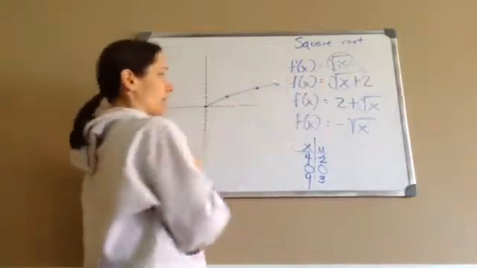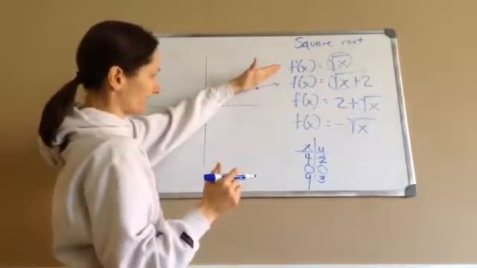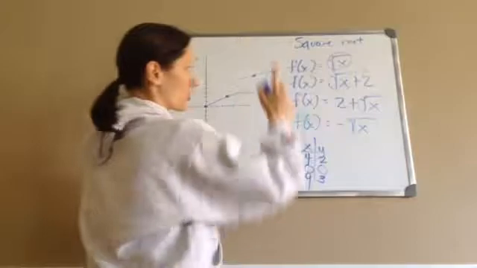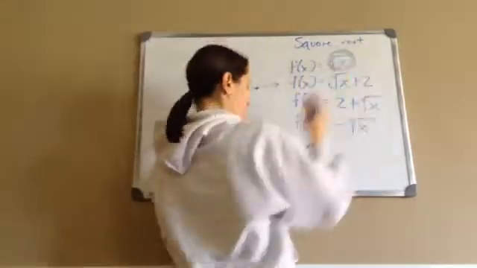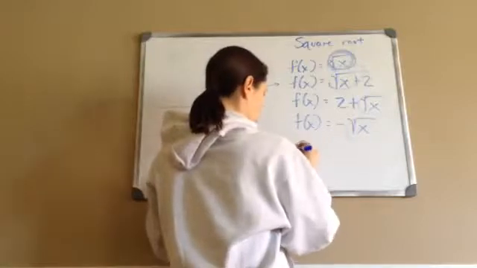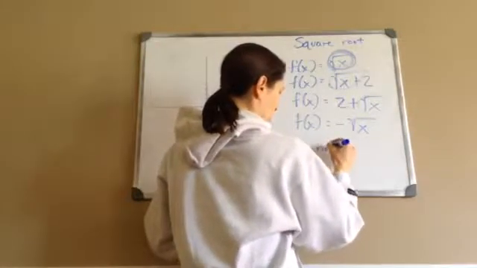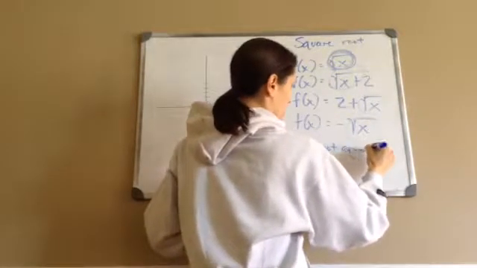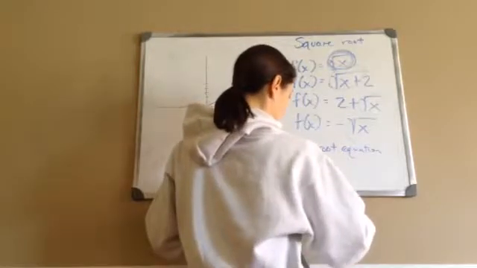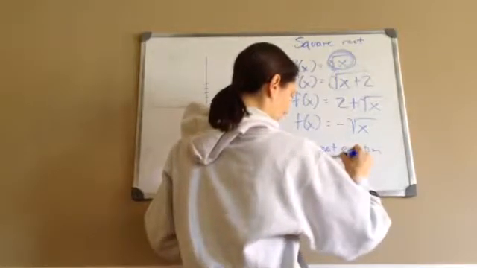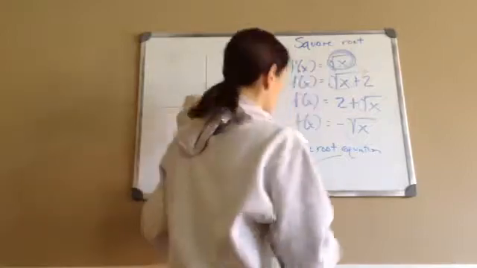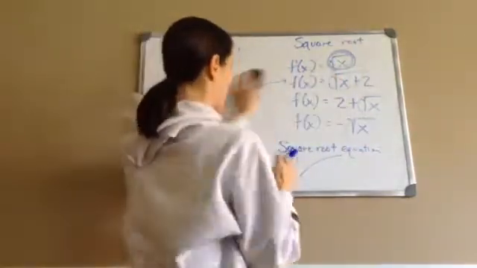It's not a straight line. So, what you need to know about square roots, and you can write down this information for square root equations: it will make a curved line like that. So for this first one, that's what it made.